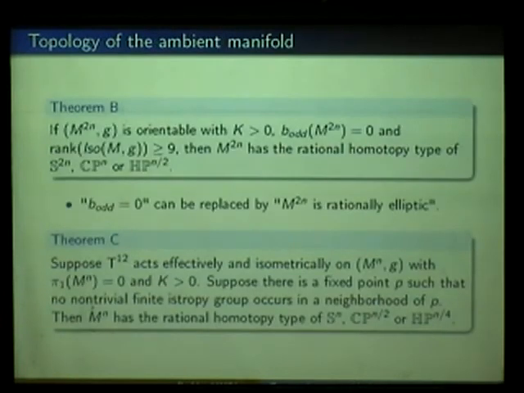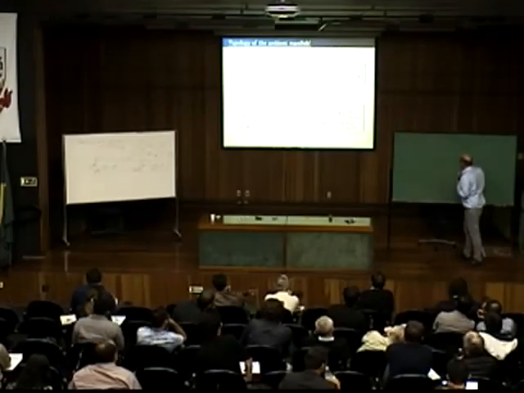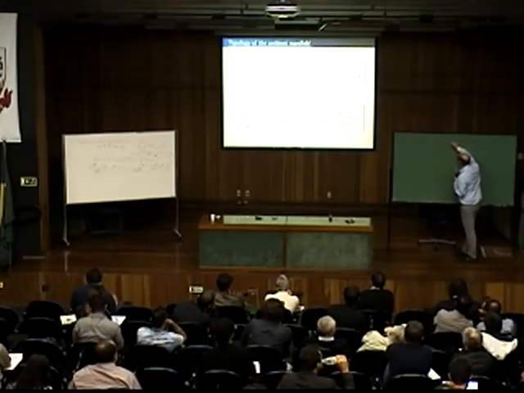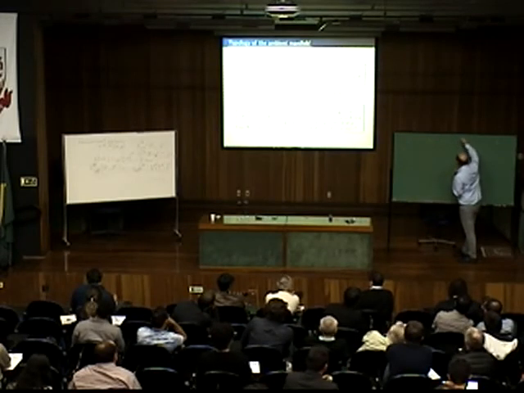So how do we get the ambient manifold under control under these assumptions? So if the odd Betti numbers are 0, right? So we have a T9 action on our manifold, so it's even dimensional. And so then the spectral sequence, so we look at the equivariant cohomology.